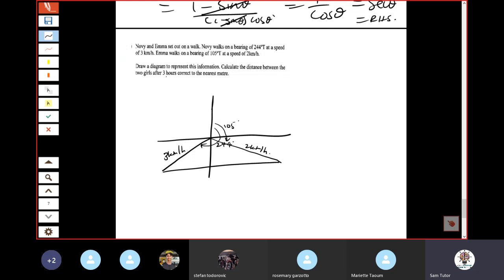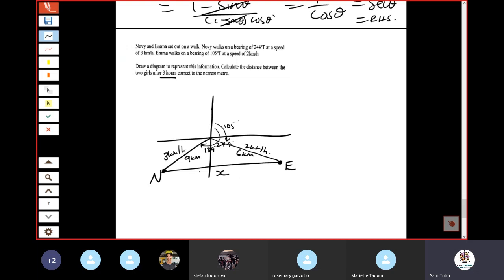Okay, well, after 3 hours, what's the distance that you've traveled here? After 3 hours at 3 kilometers per hour, you would have traveled 9 kilometers. At 2 kilometers an hour, you would have traveled 6 kilometers. You're trying to find x. You need this angle: 244 take away 105, 139.